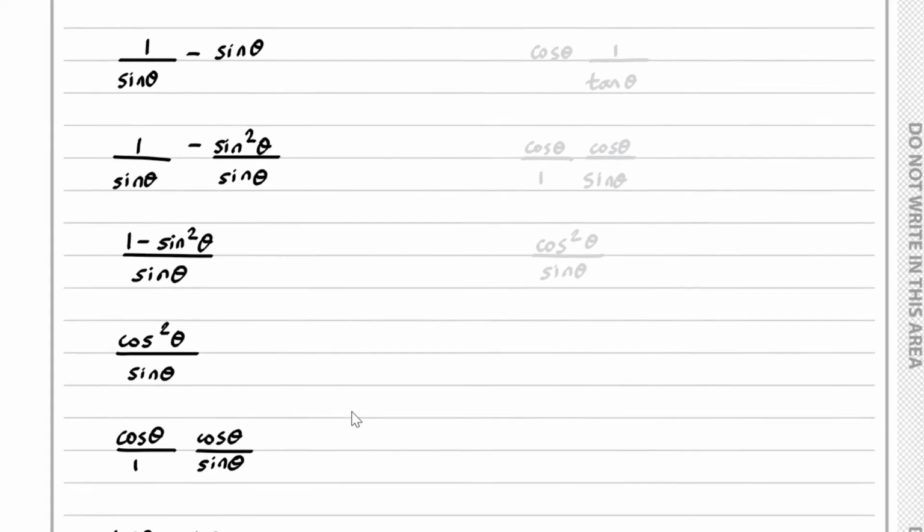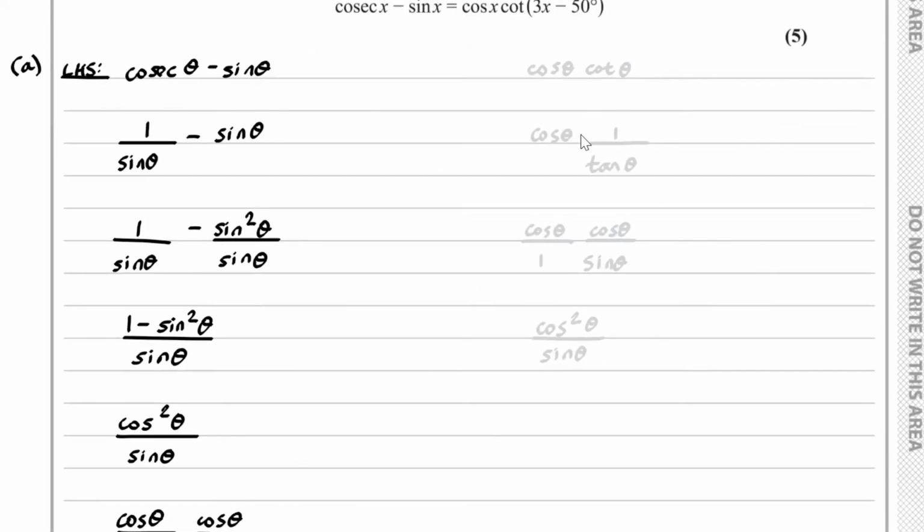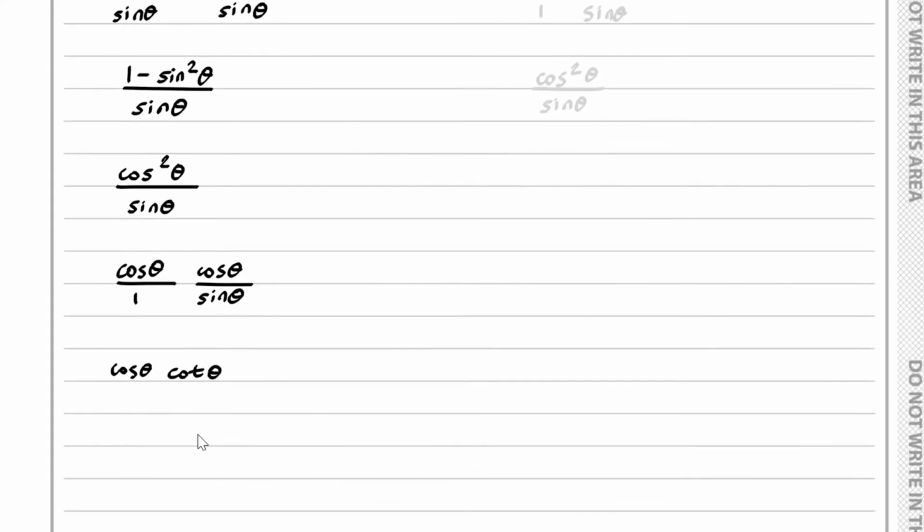And hopefully you can see here that writing out this on the side of your page will help you figure out how to show the proof. So therefore, since the left hand side is equivalent to the right hand side, we have shown the identity.